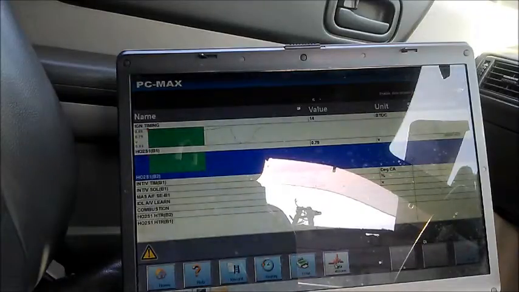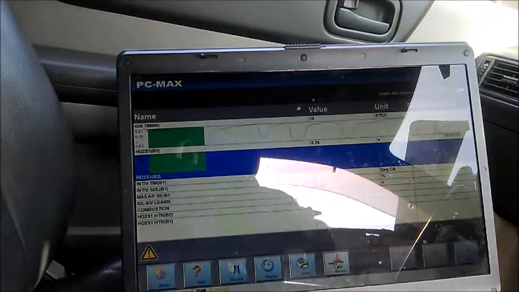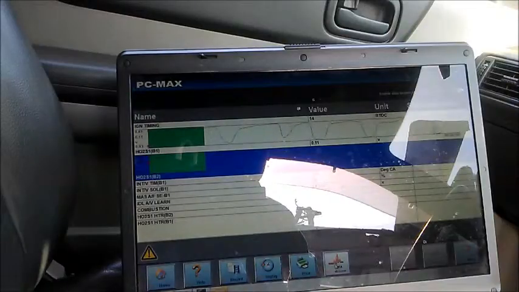See that, they're staying lean a little bit too long, rather rich, a little bit too long, but they're obviously switching like I would expect them to. So I wouldn't have a real problem with the oxygen sensors.